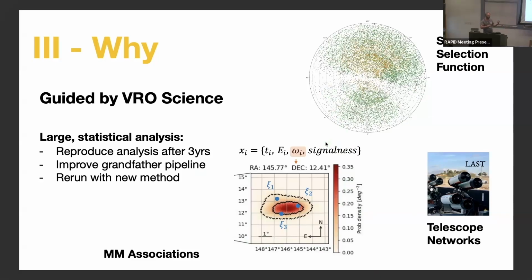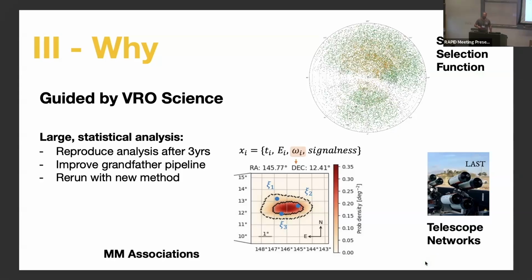And we somehow have to compare that to ideally confirm source models or rule them out. And a third thing that is happening now, and that's a lot of fun, is this automatic triggering of telescope networks. So these are very different science goals, but what they have in common is that they are in some sense inherently statistical. We're dealing with large samples that we're evaluating and studying in performance metrics.